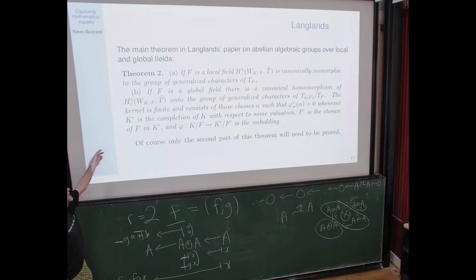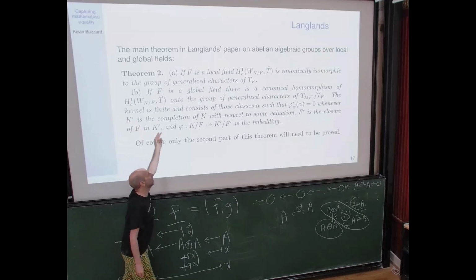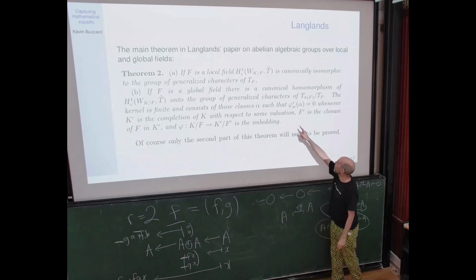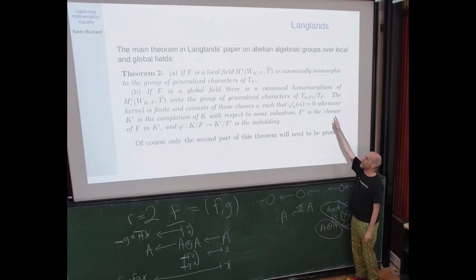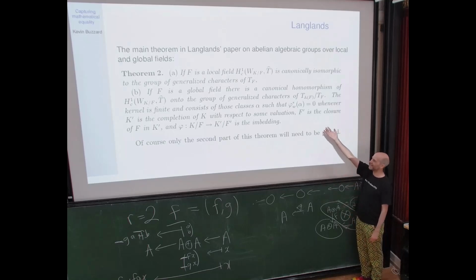And so now we just have some random cohomology group here, and the big theorem is that that cohomology group there has a canonical homomorphism into some other group. This is Langlands. This theorem, as far as I'm concerned, makes no sense at all. It's not a theorem; it's a definition. There's a canonical homomorphism.